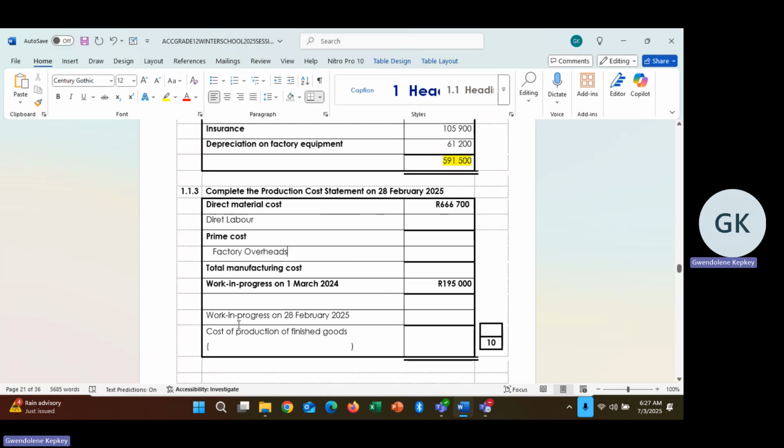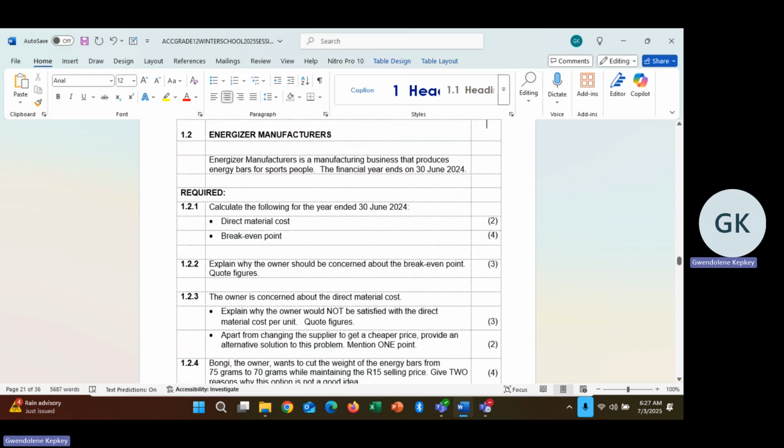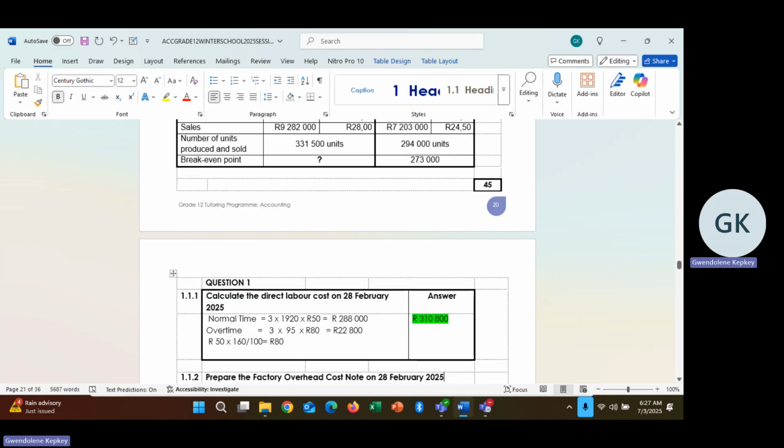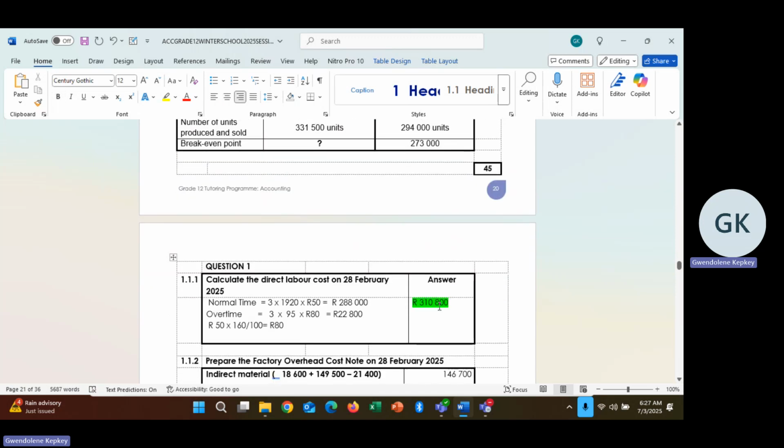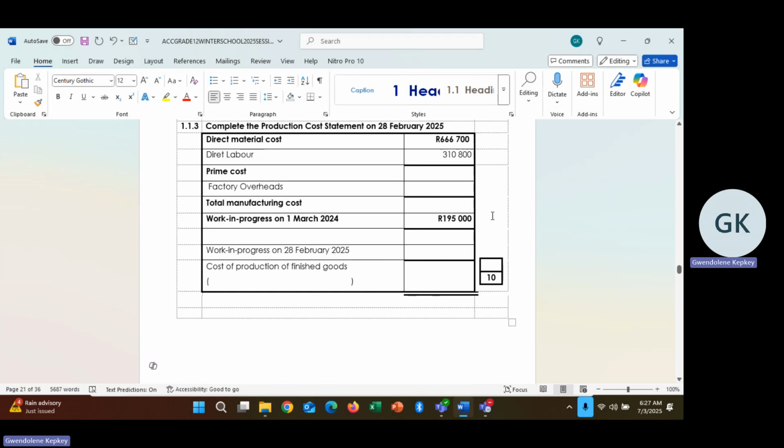Direct labor amount, remember we calculated that already. Go back to your information and we're going to put in the 310,800. I'm getting it from my calculation that I have done over here. Then I have also now just completed my factory overheads, 591,500. That is what I'm going to enter in there.